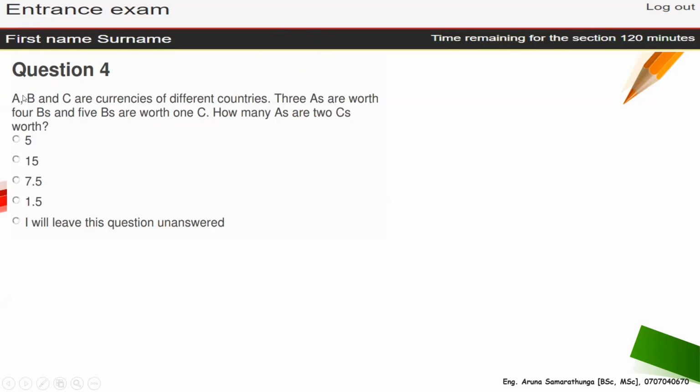Okay, let's take this question. A, B, and C are currencies of different countries. 3As are worth 4Bs, and 5Bs are worth 1C.